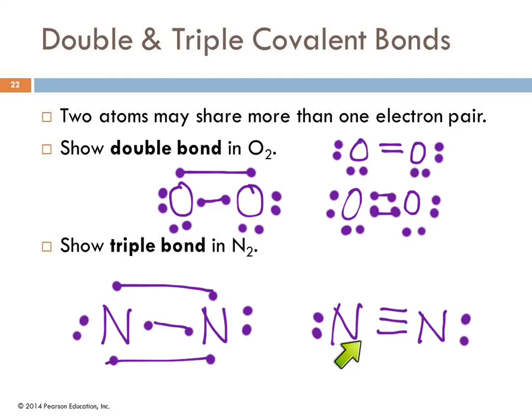So this nitrogen counts 2, 4, 6, 8, and this one counts 2, 4, 6, 8. There's a lot of counting by 2s to 8 when you're doing this.